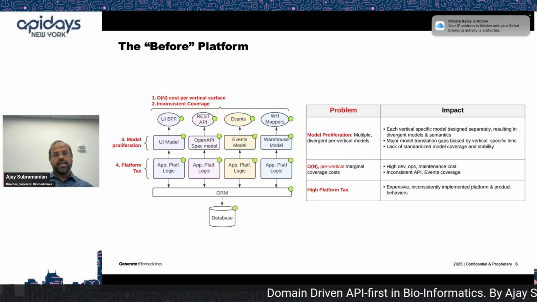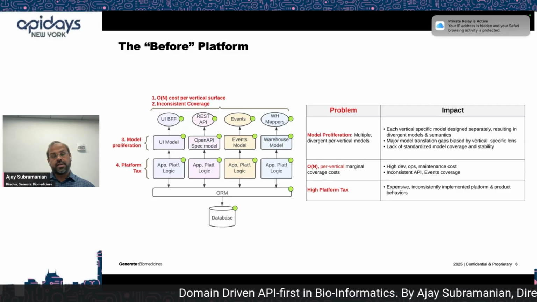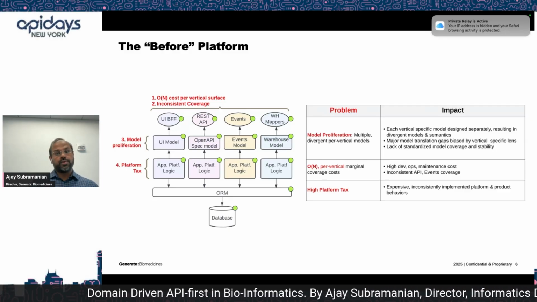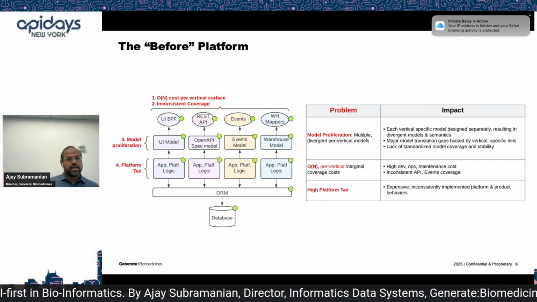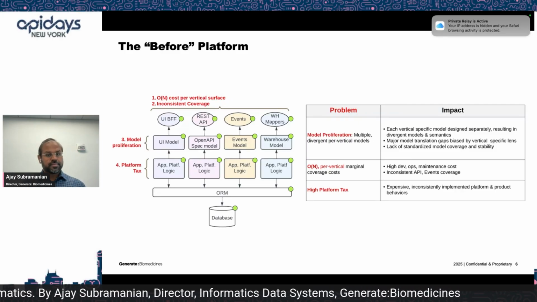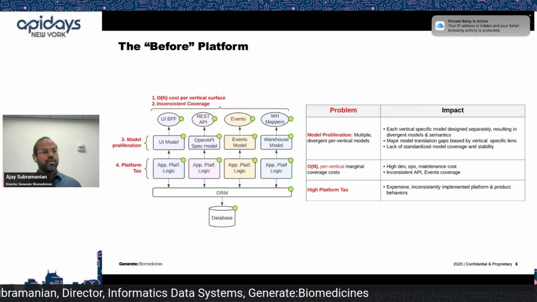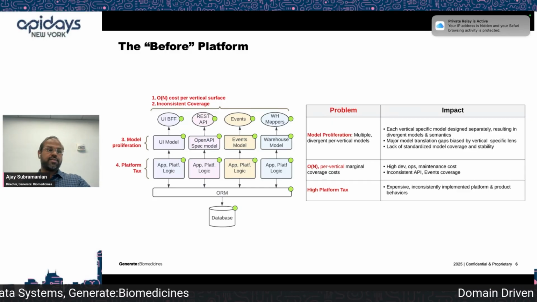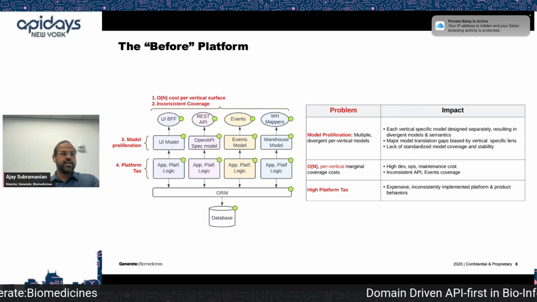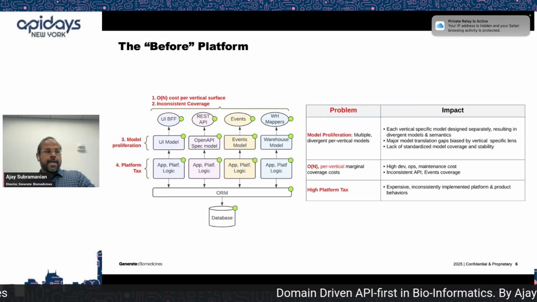What this specifically meant is an engineer or an engineering team had to write new entity code in 14 different places in the platform. So this is essentially our O(N) cost per vertical, which also led to inconsistent coverage, our first 2 problems, which were the major rate limiters here, right?